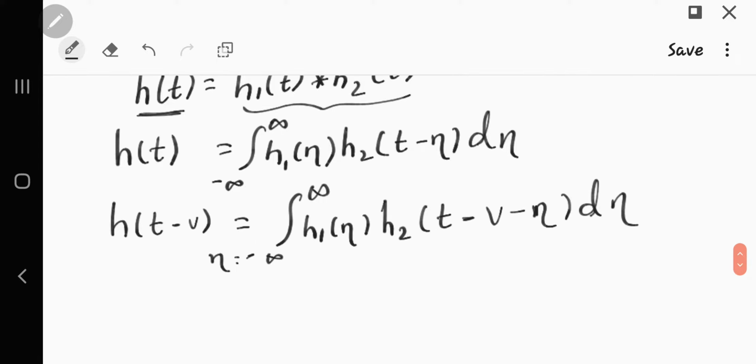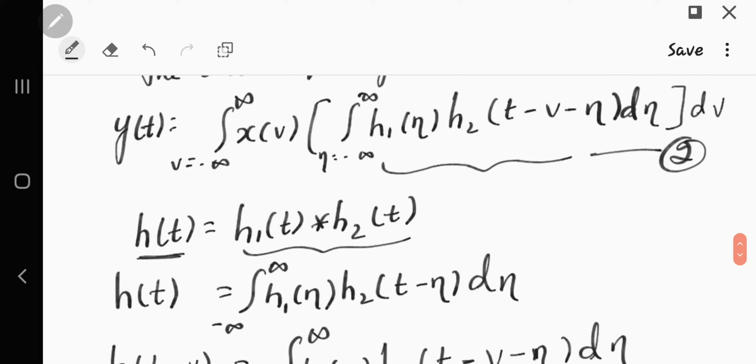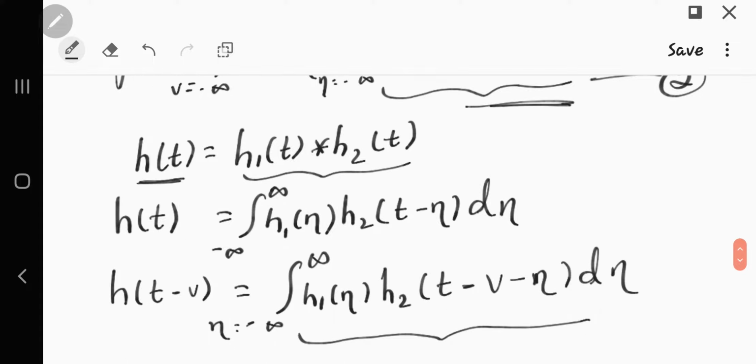Okay. So next, if you observe, this is the inner integral which is present in equation 2, and I can replace this with h of t minus v. I have written v because here we have a term v, so that's why I have expressed the shifting variable as v.